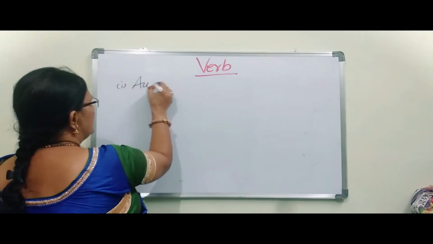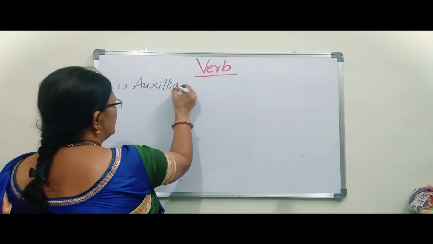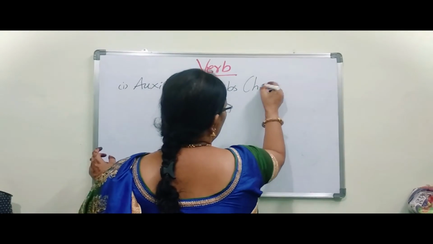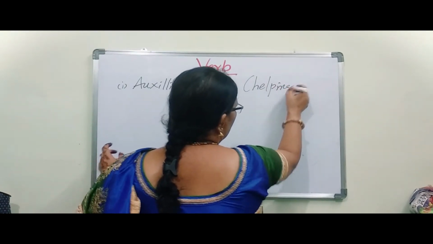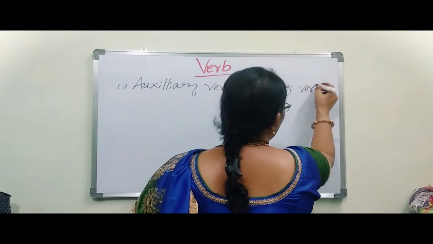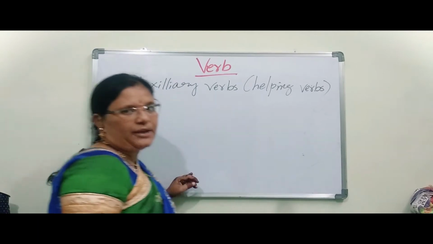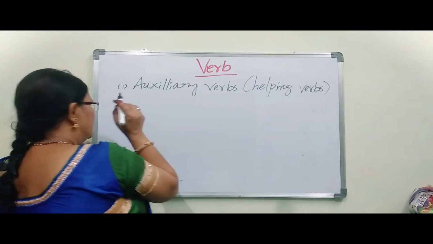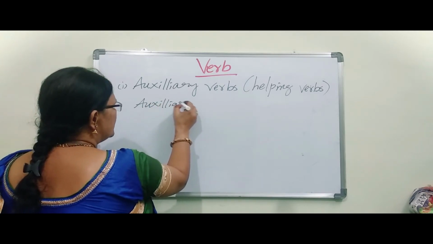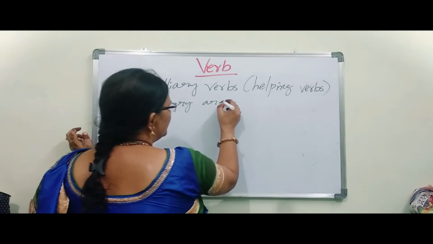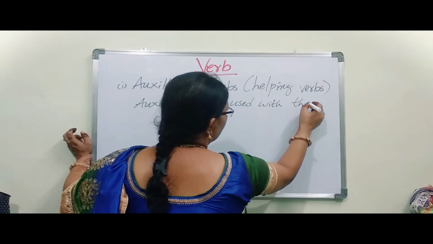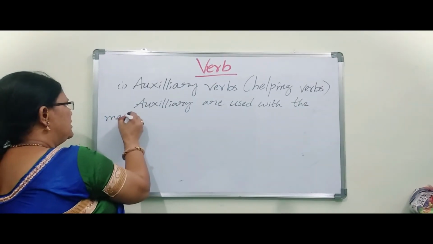First one, auxiliary verbs. Auxiliary verbs are also called helping verbs. They are called helping verbs because they help the main verb.